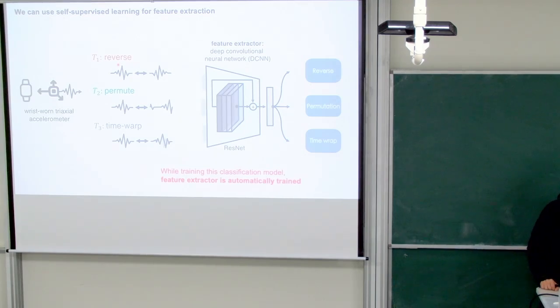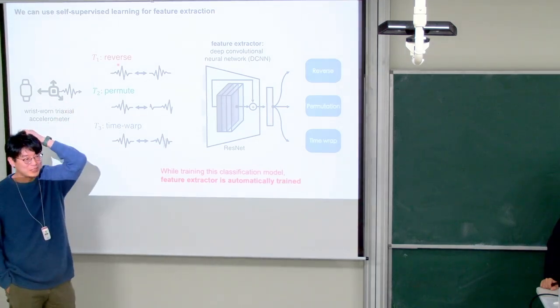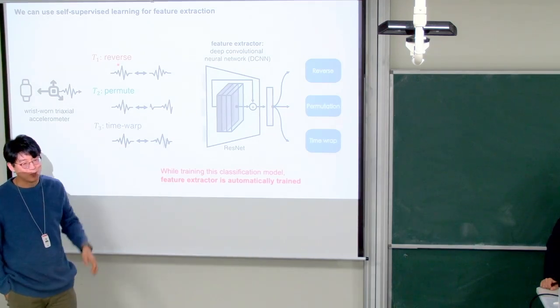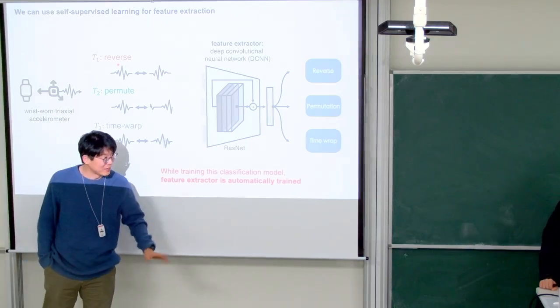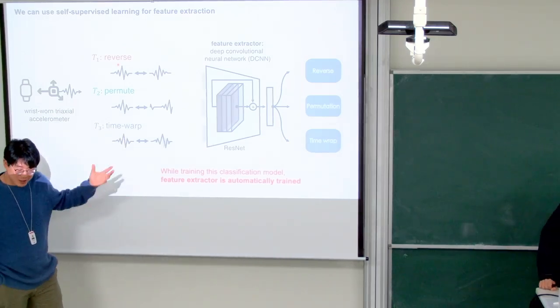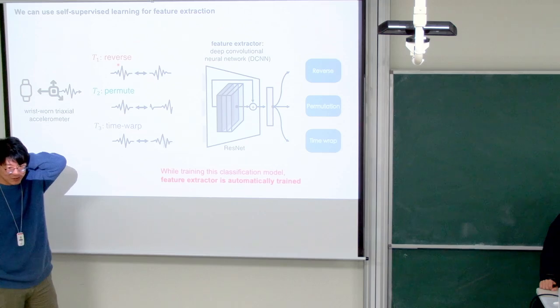Let's think about it. We want to develop some machine. If the machine can distinguish these three transformations, why could this machine work universally well? Of course, we need to provide labeled data later, but why is distinguishing these a fundamental thing to do?